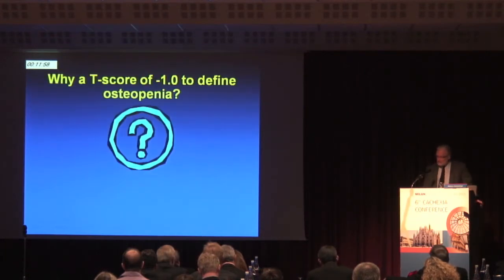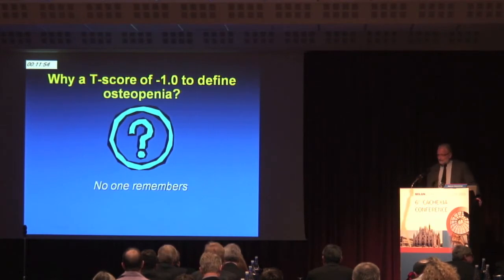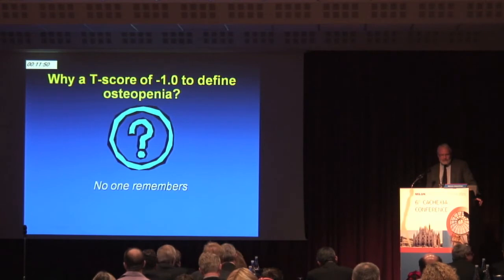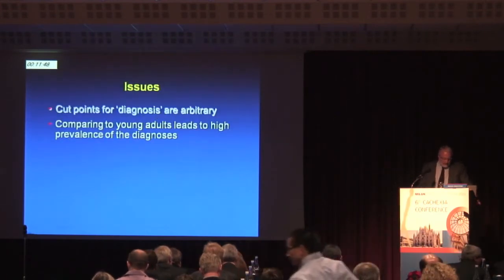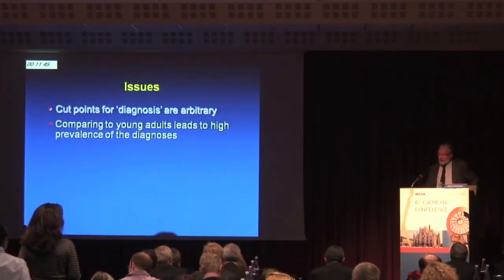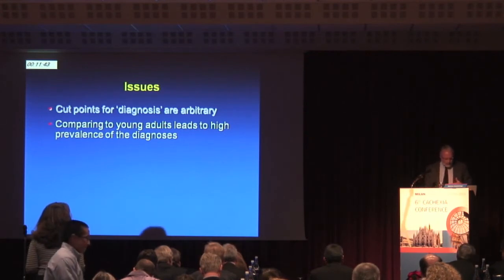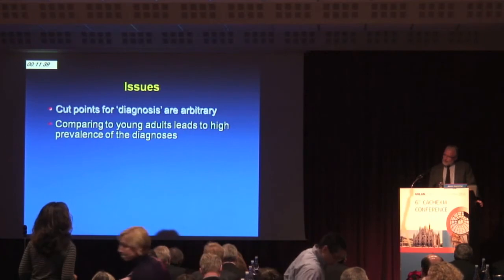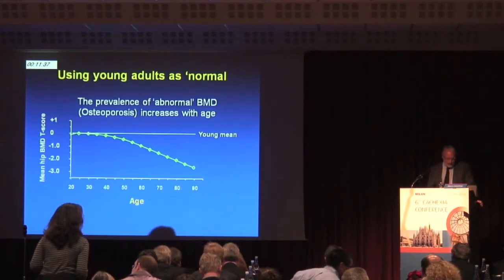Why the -1? I've asked and asked and asked, and actually no one can remember. But it has huge implications for its prevalence in the population. So now, when you compare to young adults as your reference for normal, you end up with a high prevalence amongst the elderly, whatever diagnosis you've got.